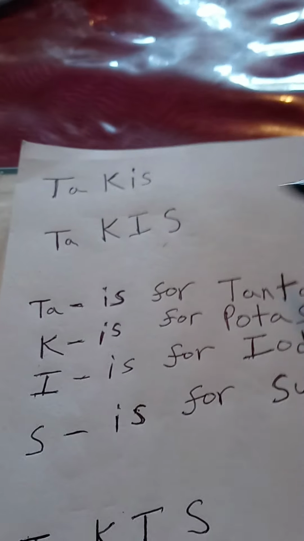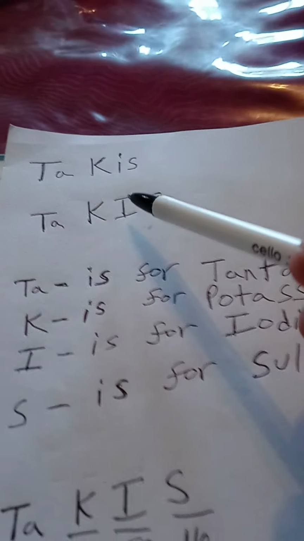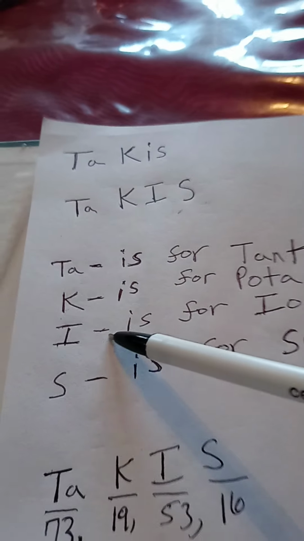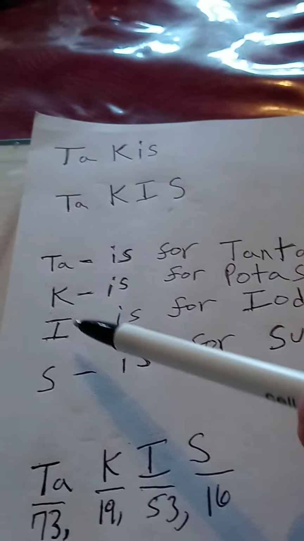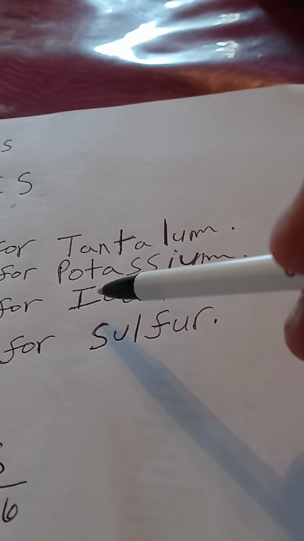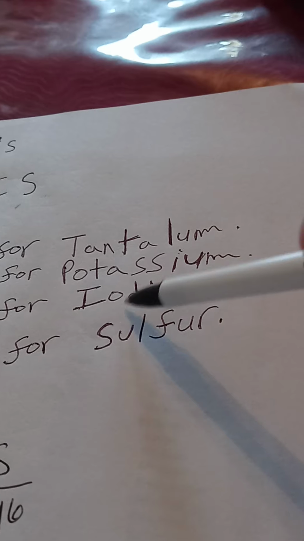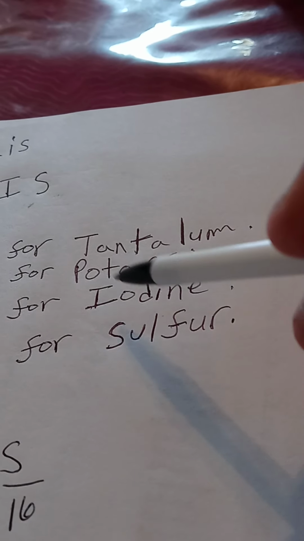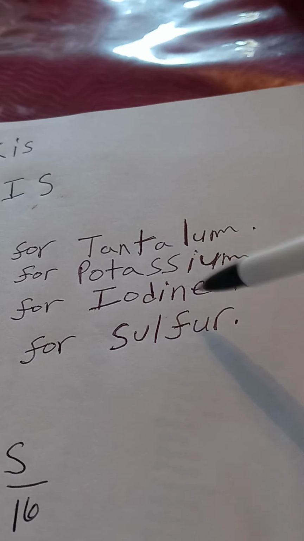So I took the small I from over here, I rewrote it into a capital I the right way, and capital I stands as a chemical symbol for iodine. Iodine is spelled I-O-D-I-N-E.